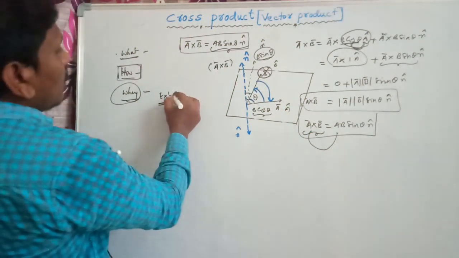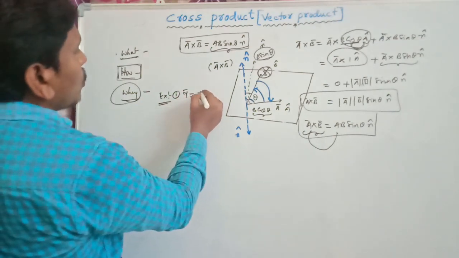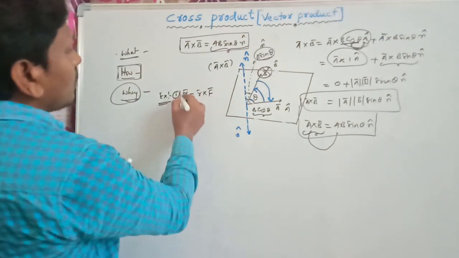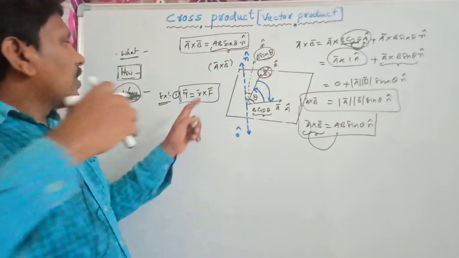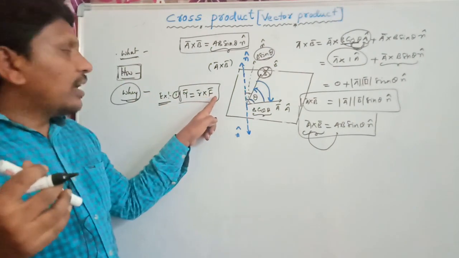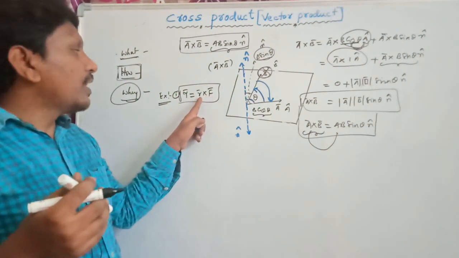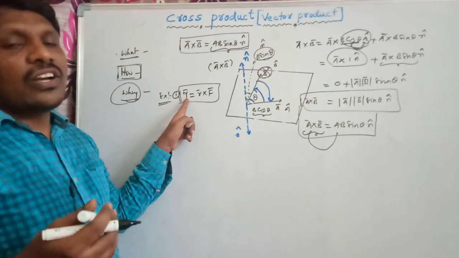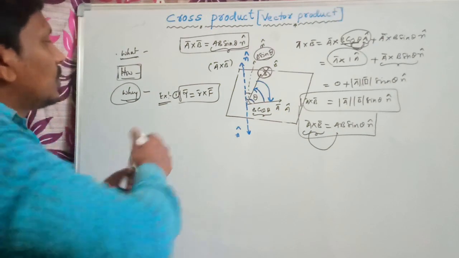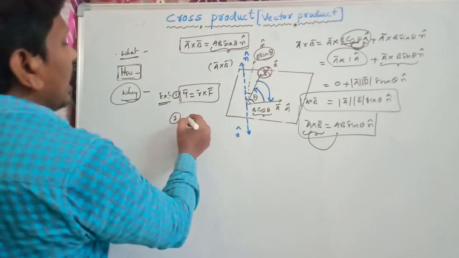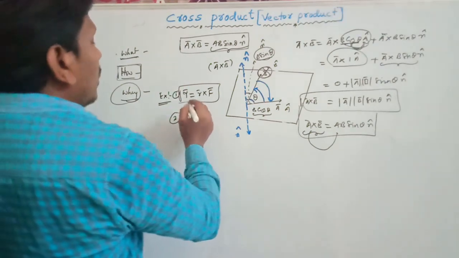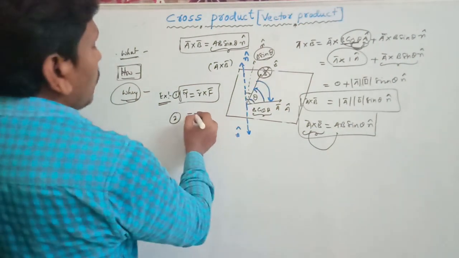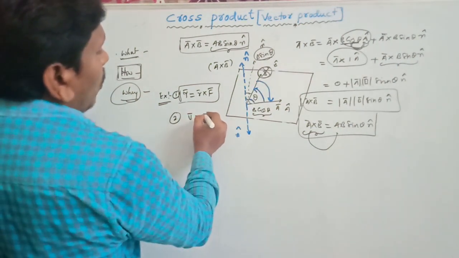So example 1, we know that torque tau bar is equal to R bar cross F bar. The cross product of the perpendicular displacement or distance with the applied force is equal to torque. There is another relation, V bar is equal to omega bar cross R bar.